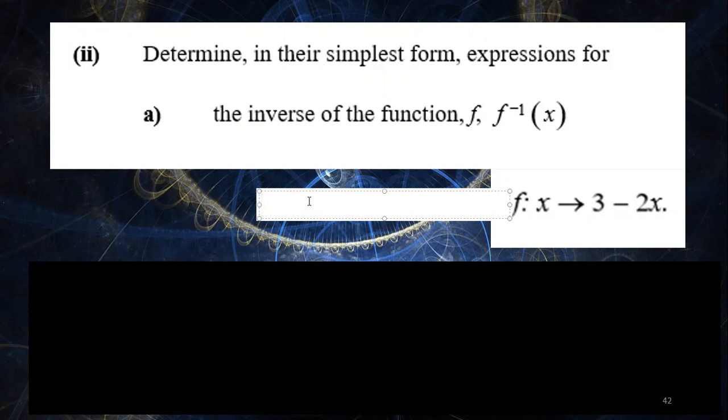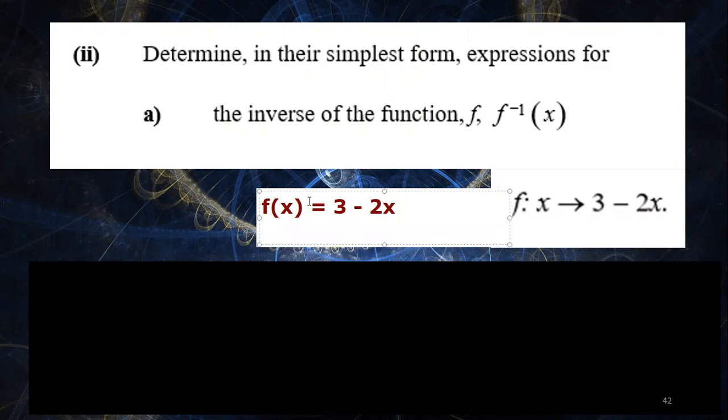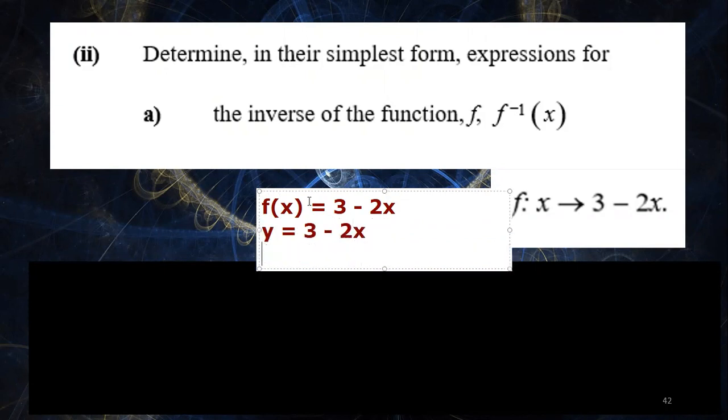We can say f of x is equal to 3 minus 2x. We're going to let y equal f of x, which means y is equal to 3 minus 2x. Then we're going to make x the subject. 3 minus 2x is equal to y.